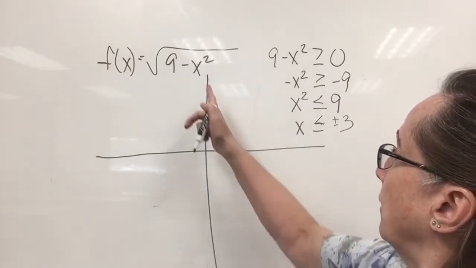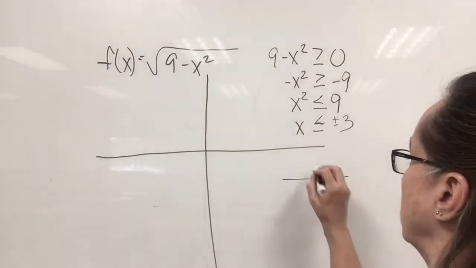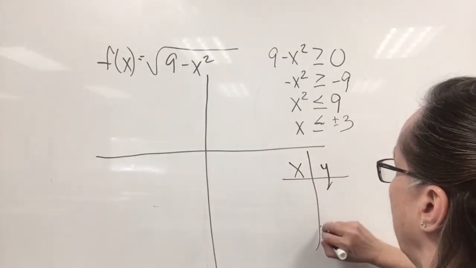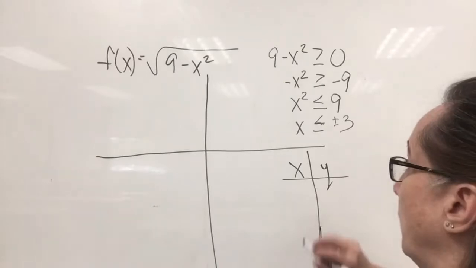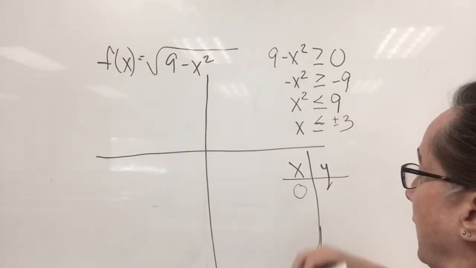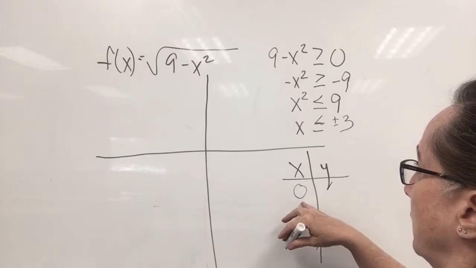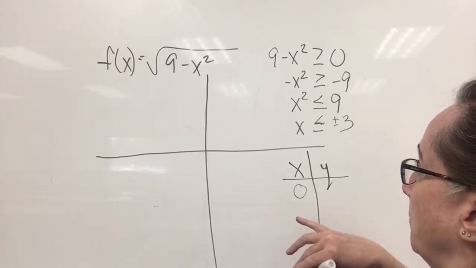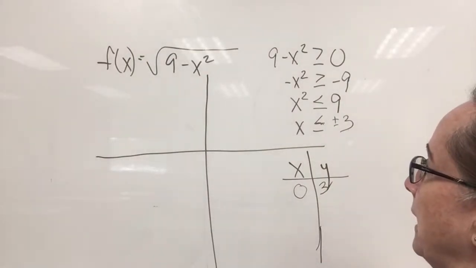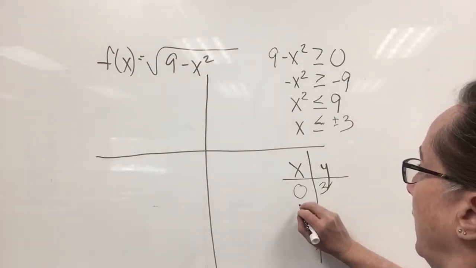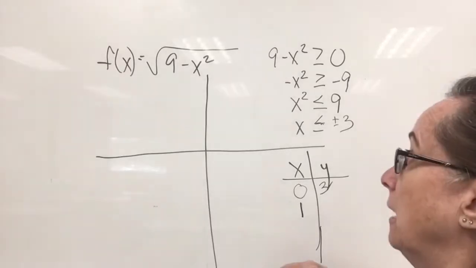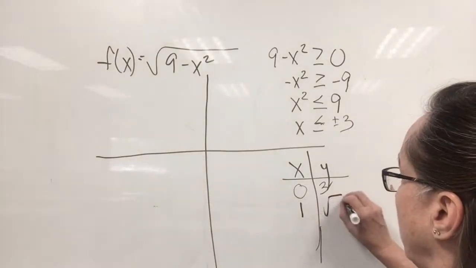All right, so now we're going to plug in some points just to see what it looks like. Okay, so we have x and y. Let's let x be 0 because it's in this range. If we let x be 0, then we get 9, and the square root of 9 is 3. If we let x be 1, then we have 9 minus 1 underneath the radical, which is the square root of 8.